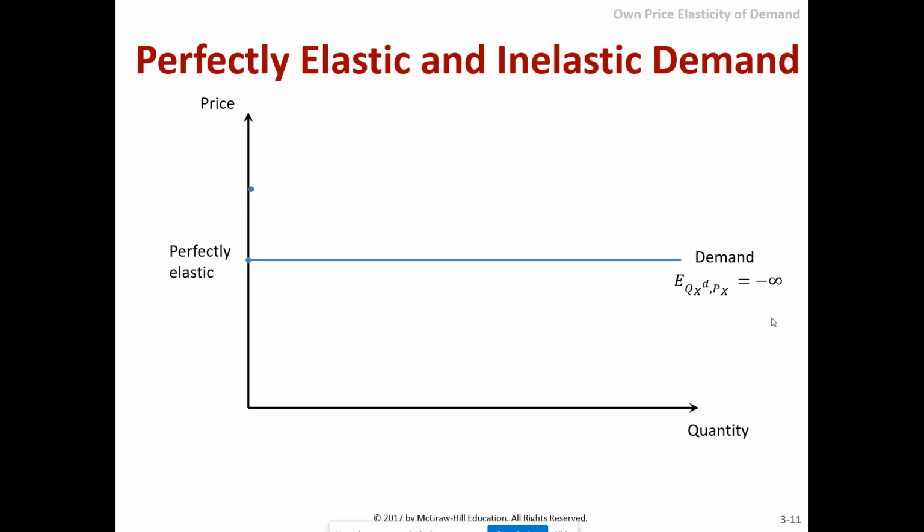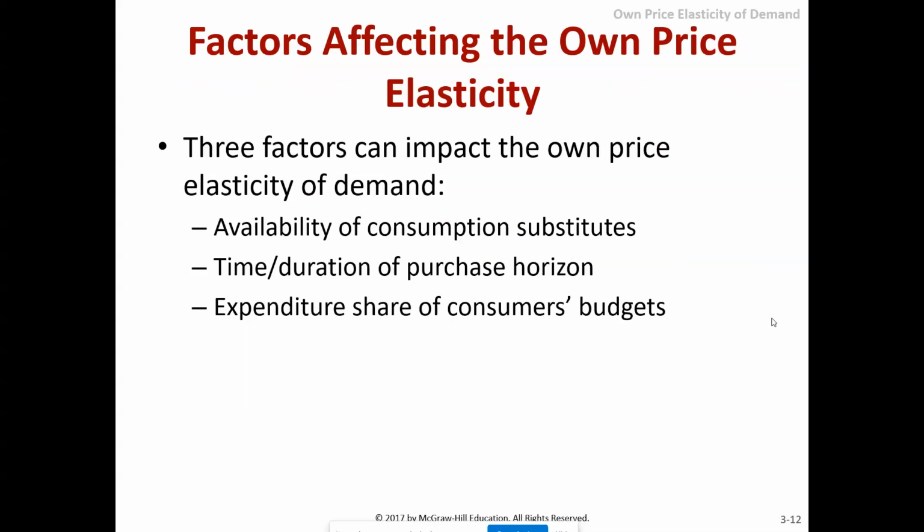They're very sensitive to the price change. A price increase of a little bit will change the international trade quantity demanded dramatically. Very responsive to the price change. So that's my example for perfectly elastic demand.